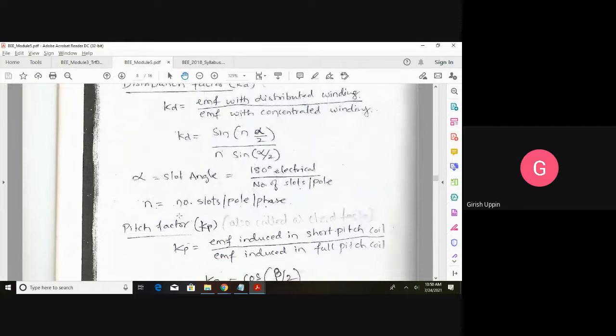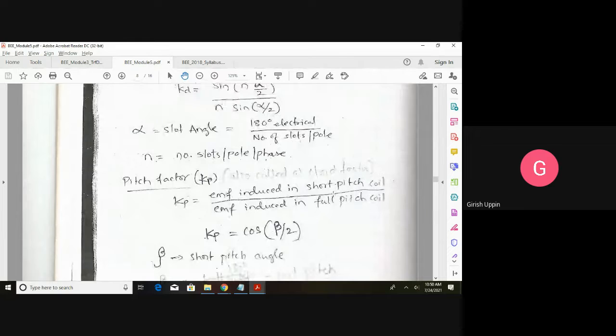Similar to that, pitch factor is the EMF induced in the short pitch coil divided by the EMF induced in the full pitch coil. Short pitch is what? The width between the north and south pole is called the pitch, one full pitch. If my winding goes under north and comes under south pole, then I would say that winding is full pitch. If it takes fewer slots than that, then it is called a short pitch.